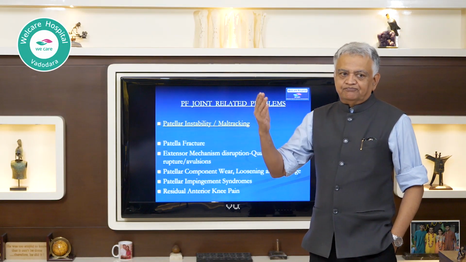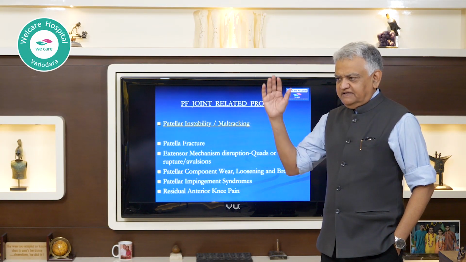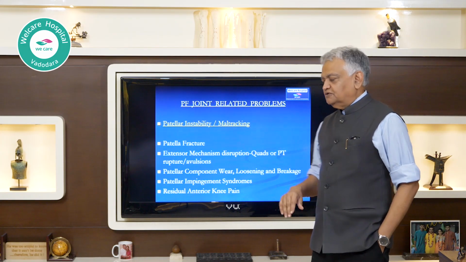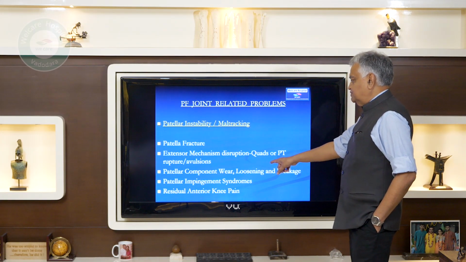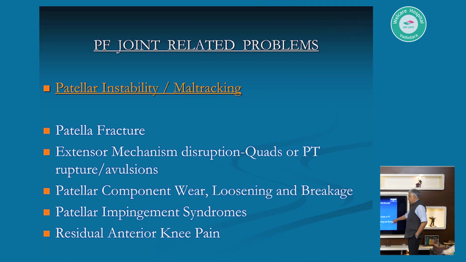And how to do an avulsed patellar tendon repair is a small topic in itself. We will not go there just now. Patellar component wear, loosening and breakage. Why this would be part of dysfunctional patellofemoral kinematics, you will see later in the lecture. Patellar impingement syndromes. What do I mean by patellar impingement syndromes?